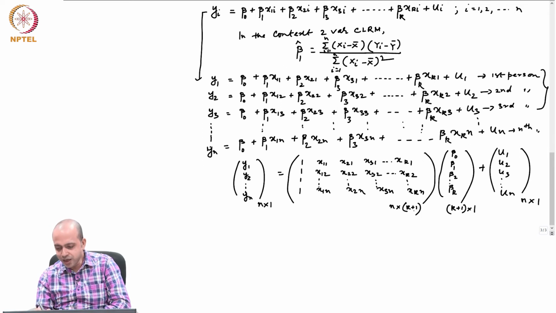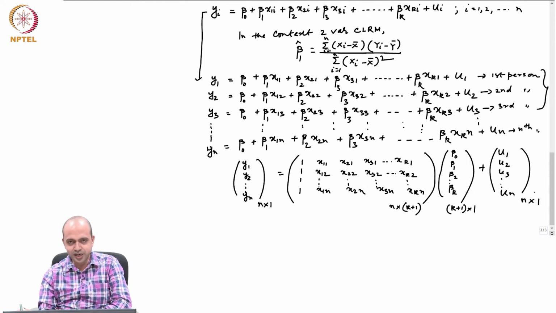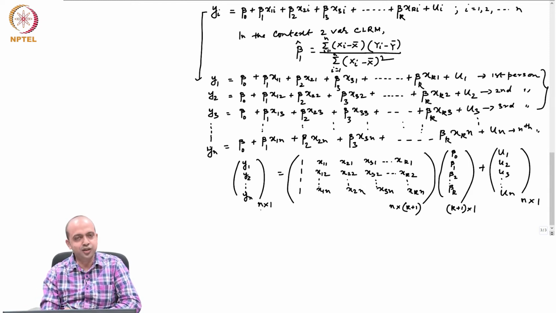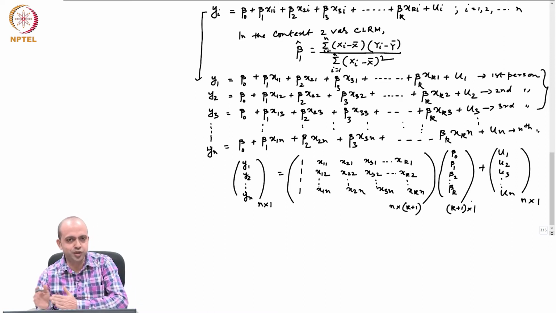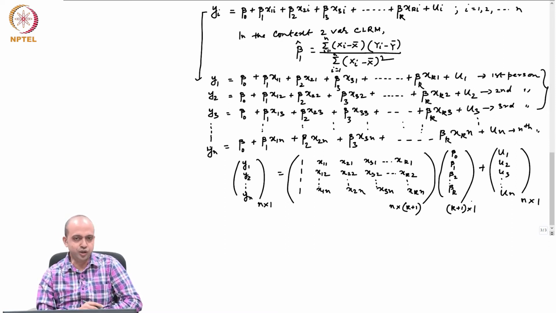And when you add another n cross 1 matrix, that would also become n cross 1. Then at the end you will see n cross 1 equals an n cross 1 matrix. The dimensions of the matrices should match, otherwise you cannot go for matrix operation.